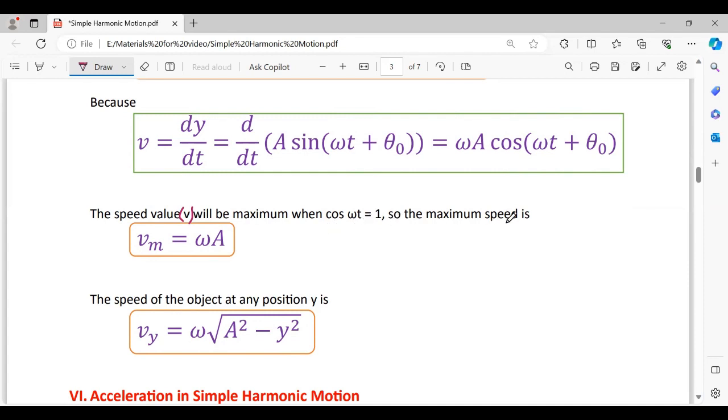So the maximum speed or maximum velocity we can calculate through this formula: Vm, the maximum velocity, equals omega times A. And the speed of the object at any position y is Vy equals omega times square root of A squared minus y squared.